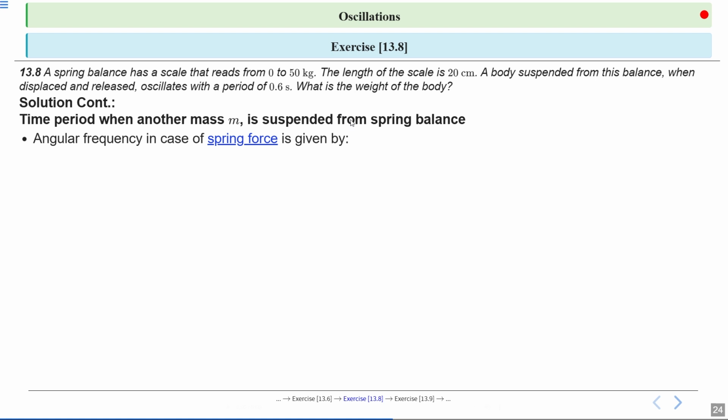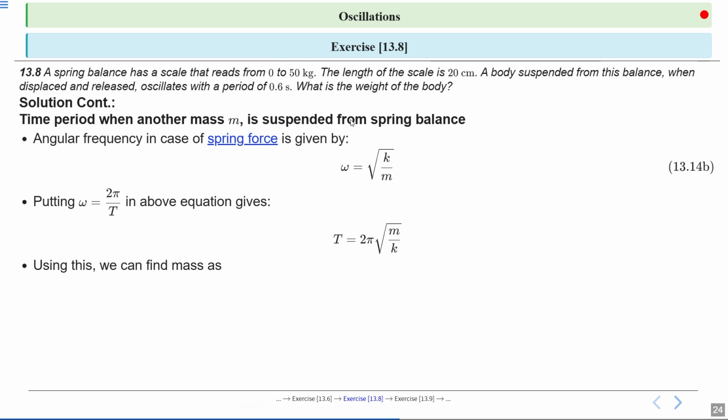Here omega is the angular frequency, k is the spring constant and m is the mass. So omega equal to under root k by m. Putting omega equal to 2 pi divided by T in above equations gives T equal to 2 pi into under root m by k. So using this we can find mass as m equal to T divided by 2 pi whole square into k.